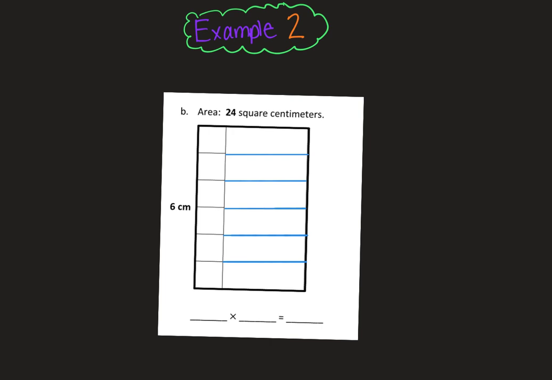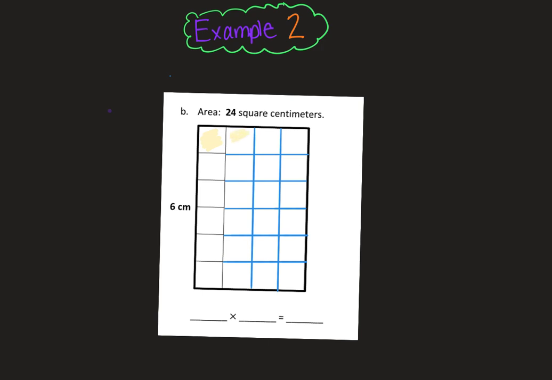So let's flip our ruler around, and we need 6 by 4. All right, so let's see if we have 6 by 4 to make 24.